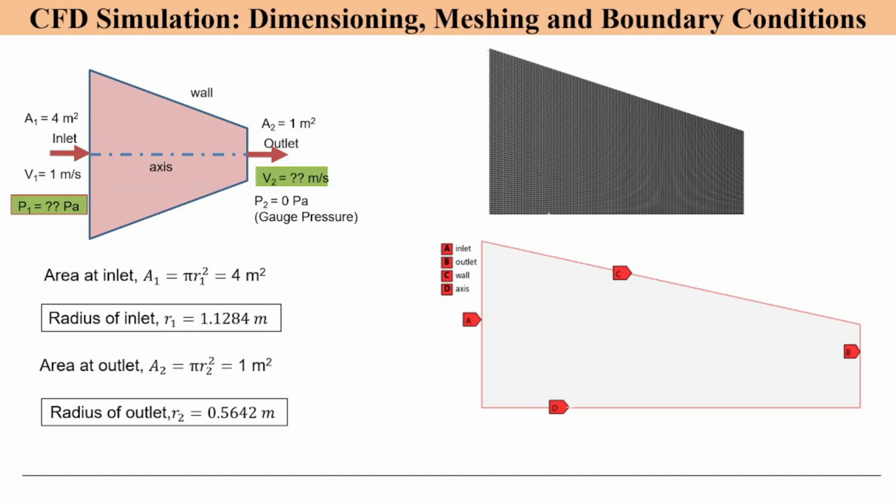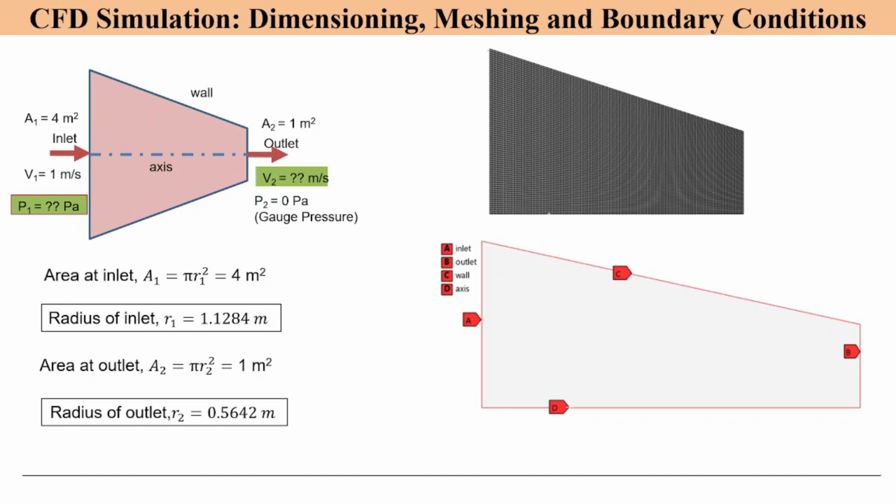Based on that area, I can easily get the value of r1, which is 1.1284 meter, and the radius of the outlet r2 will be 0.5642. So I will create the geometry of this shape in the sketch, and I will create this body from the sketch, and that body will be exported to the meshing.